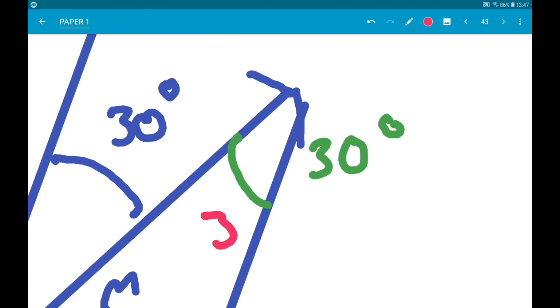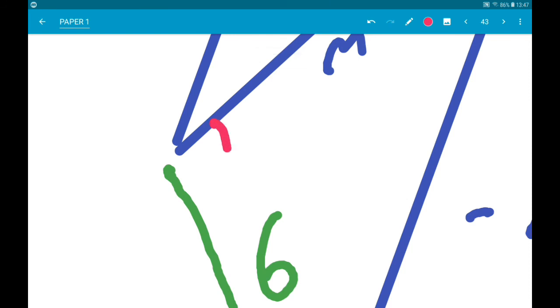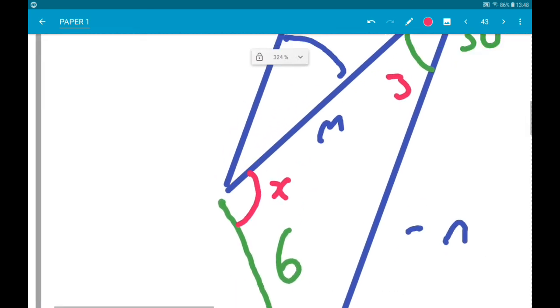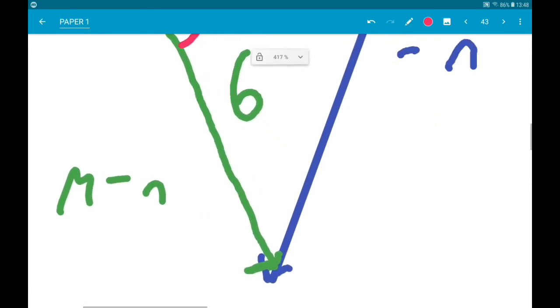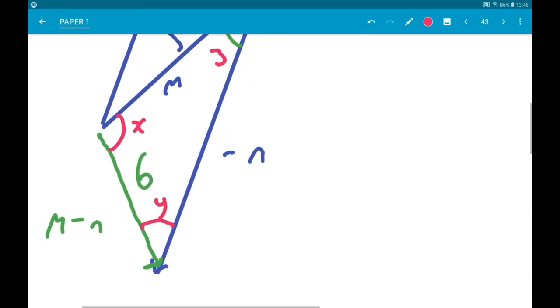So, let's think about what we want. We want the size of this angle here. Let's call it x. At the moment, we can't get x. What we can do is get this guy down here. So we'll call it y. So the way we're going to do that is using the sine rule. So sine y over 3 is the same as sine 30 over 6.